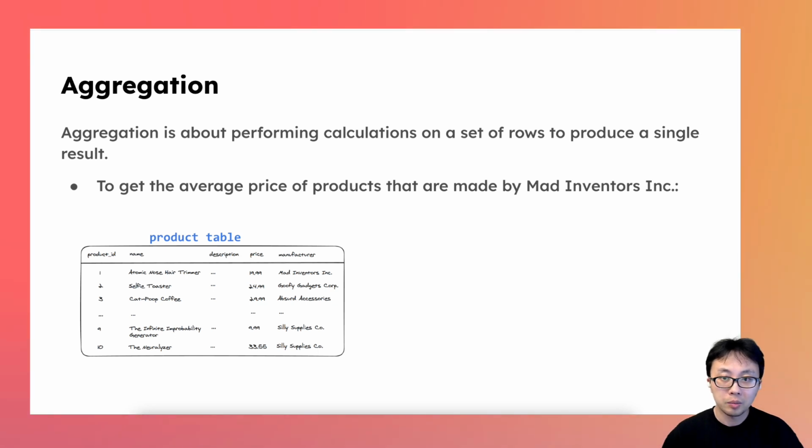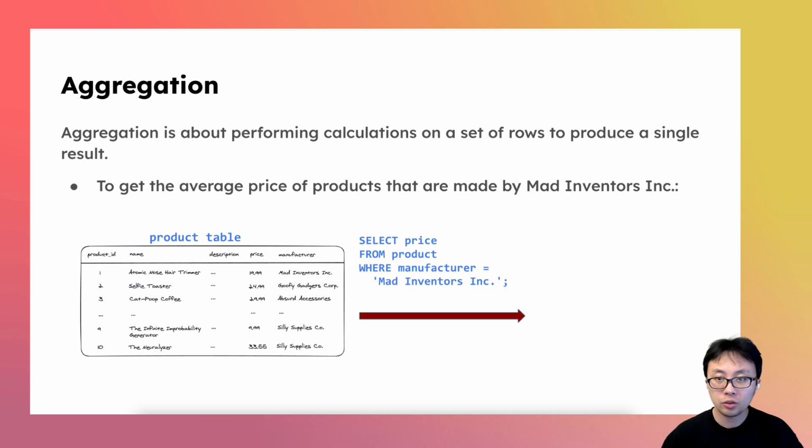If you find this overwhelming, you can take a step back to get all the prices of the products that are made by Mad Inventors Inc., which will be translated to a query like this. Select price from product where manufacturer is equal to Mad Inventors Inc. The Mad Inventors Inc. is wrapped up in single quotes because it represents a string.